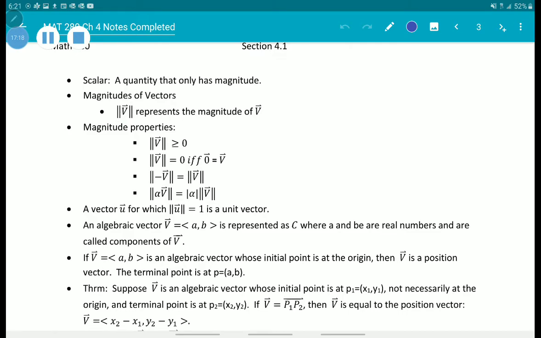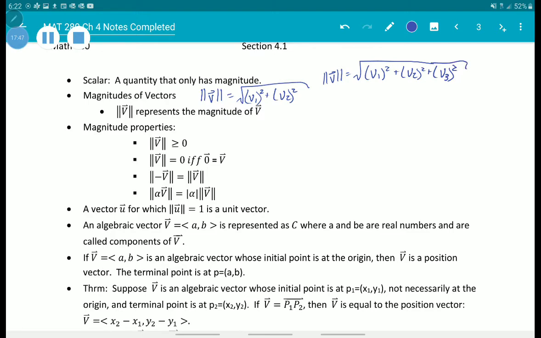Remember, magnitude is how long something is. To find the magnitude of a vector in 2 dimensions, it's the square root of the first value squared plus the second value squared. In 3 dimensions, it would be the first squared plus the second squared plus the third squared.